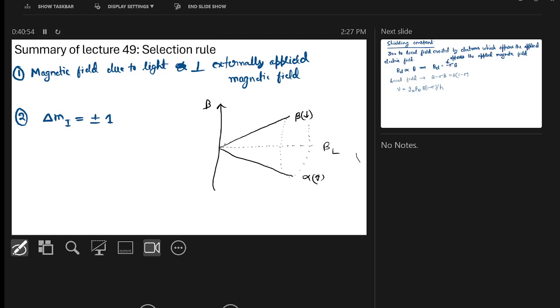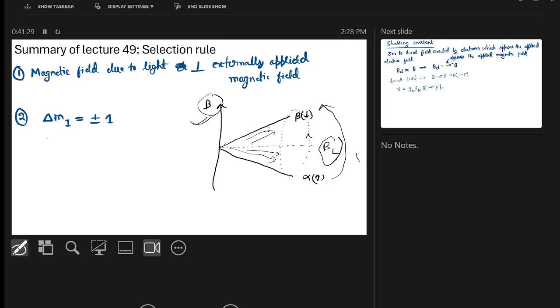You can see here the role of the Larmor frequency. Because of this Larmor frequency, the transition is possible from here to here. There are a lot of magnetic moments, in this direction, this direction, this direction. The transition can happen only if BL is perpendicular to B. This is your applied magnetic field, and this is the frequency of the magnetic field of the light. Then only can the transition happen.